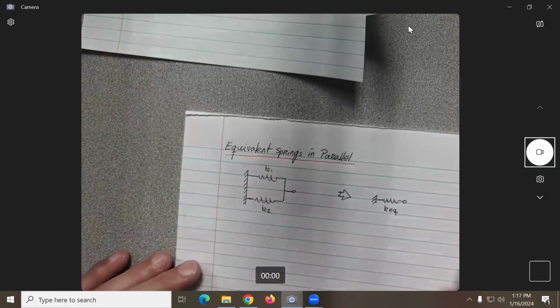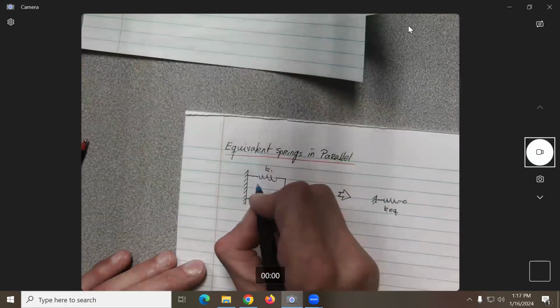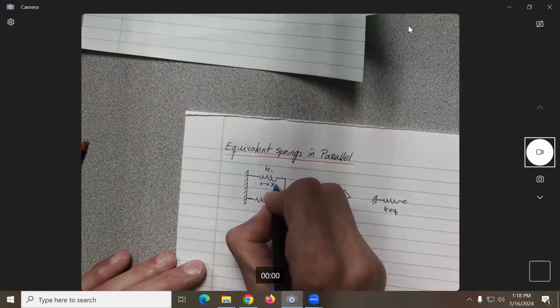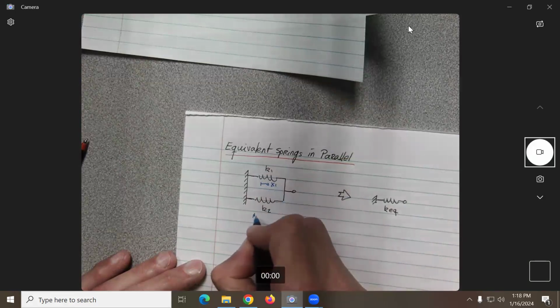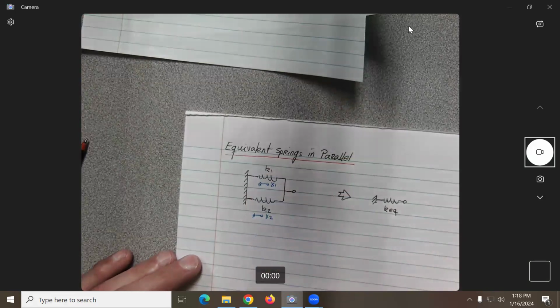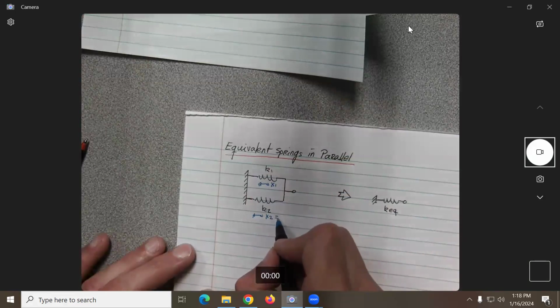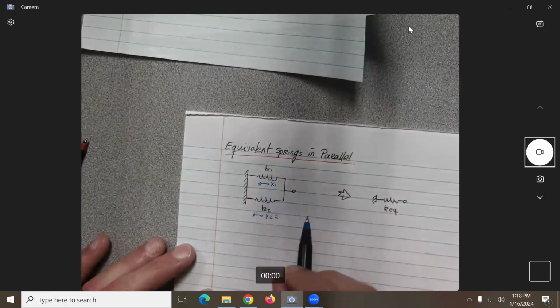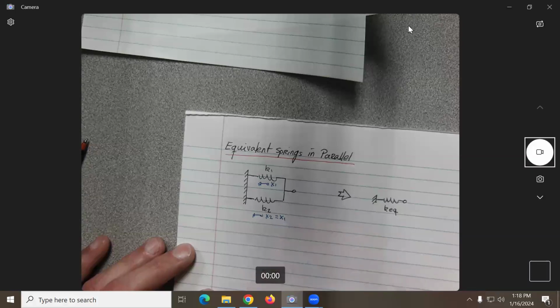So in this case, I did it in blue. We can have here again X1 and X2. But what can you say about this one? If this is moving, X2 needs to be equal to X1, no? There's no way that it can move differently.